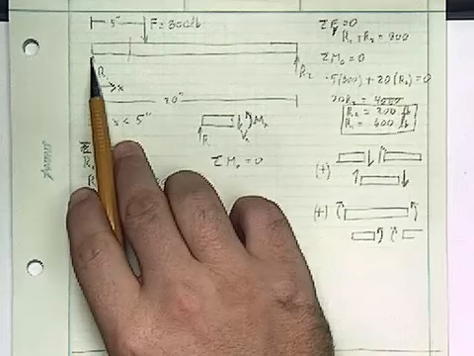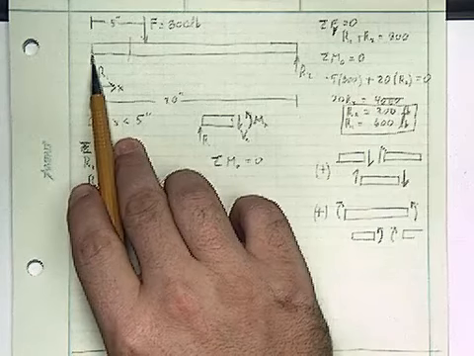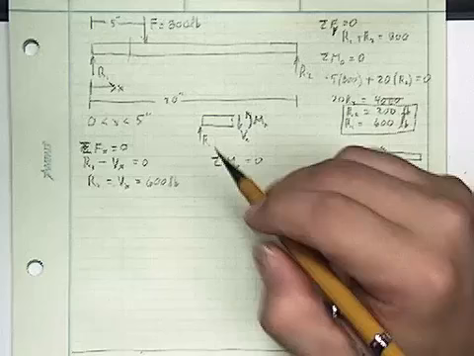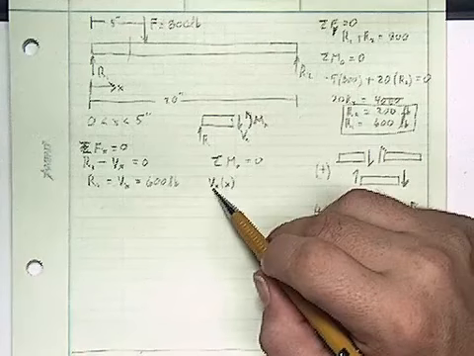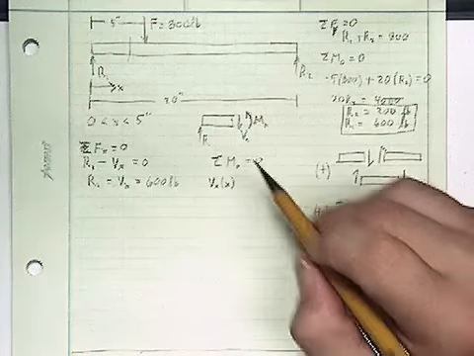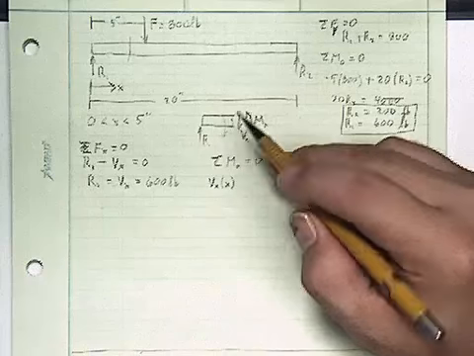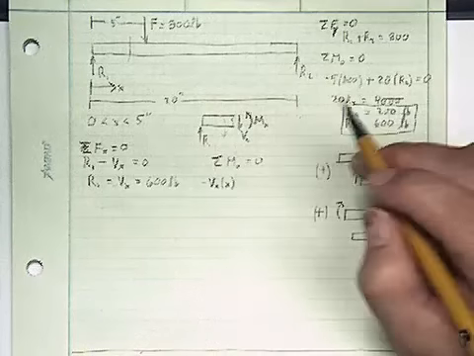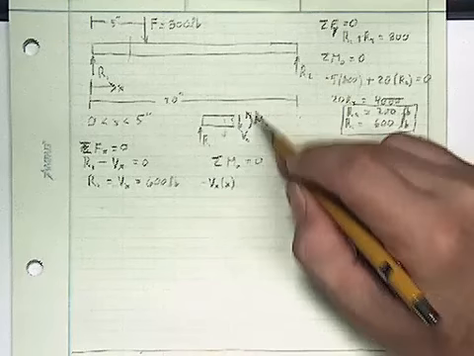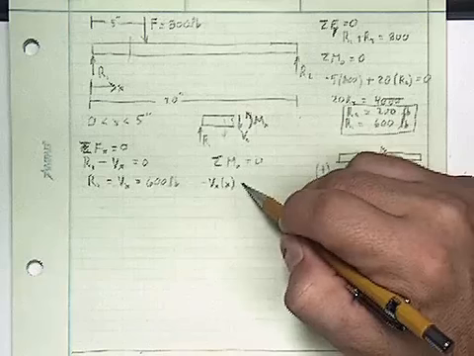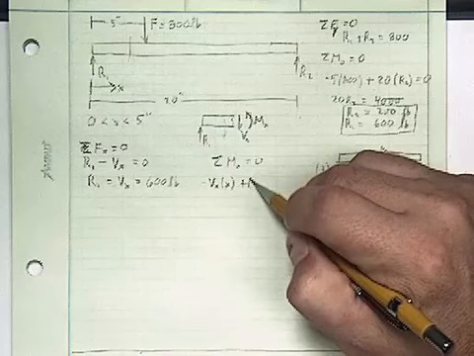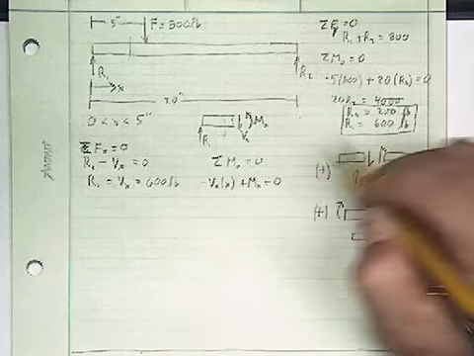Okay, so R1 is always going to not be contributing to that particular moment. So I have Vx times x. This is trying to spin it clockwise, so we'll call that negative. And then there's another moment opposing it, and the way I've drawn the sign, it's positive, so plus Mx is equal to 0.